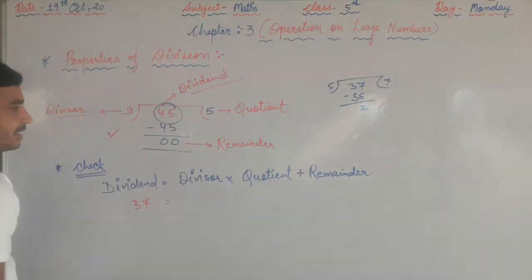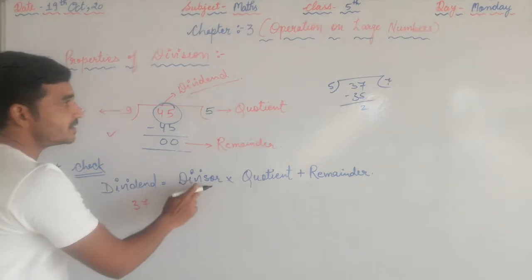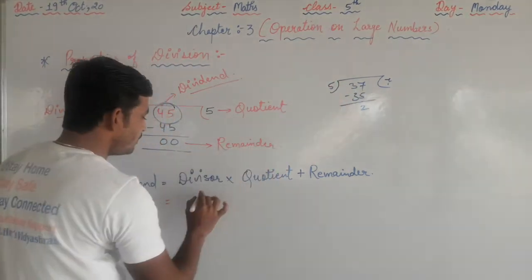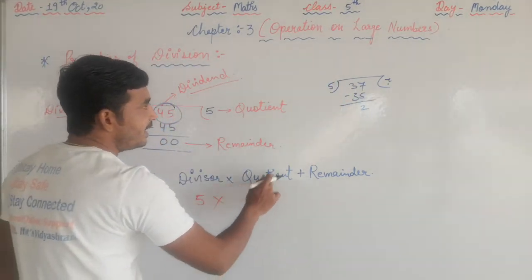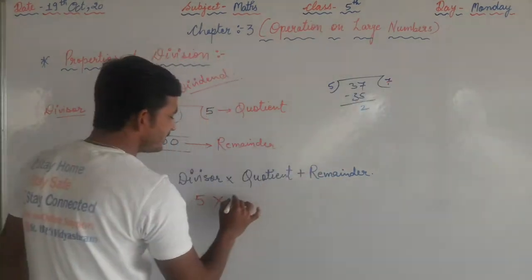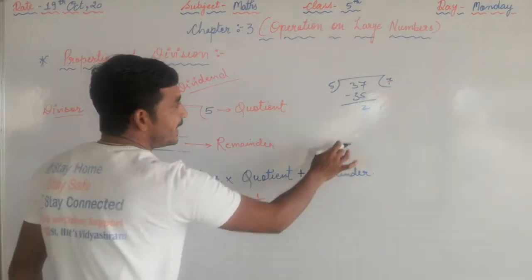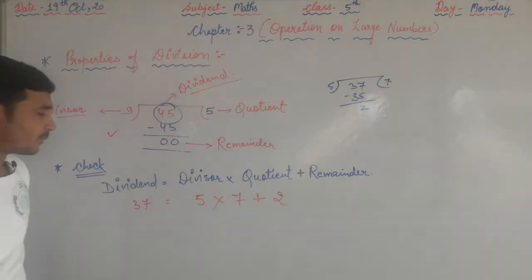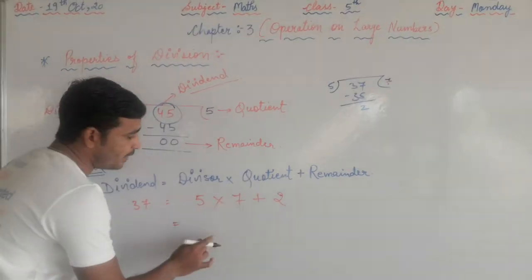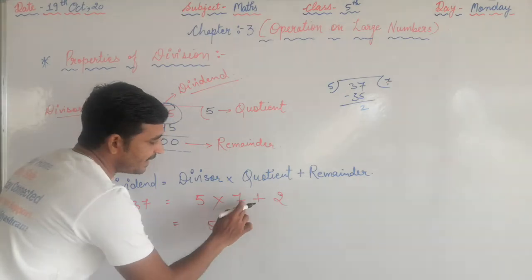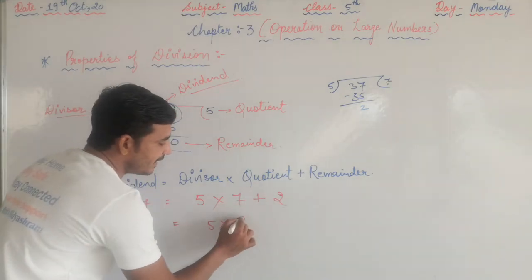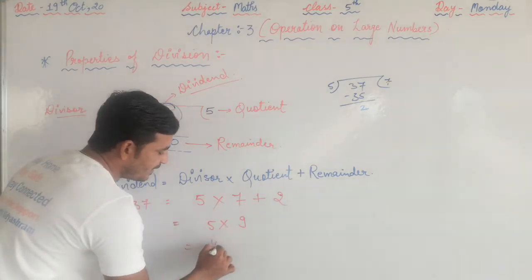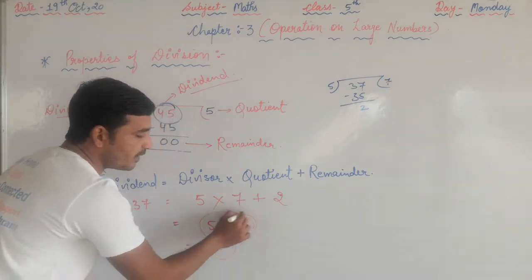Let's check whether the dividend equals the divisor 5 multiplied by the quotient 7, plus the remainder 2. If you calculate something like 5 multiplied by 7 plus 9, with 9 fives being 45, then your calculation is wrong.